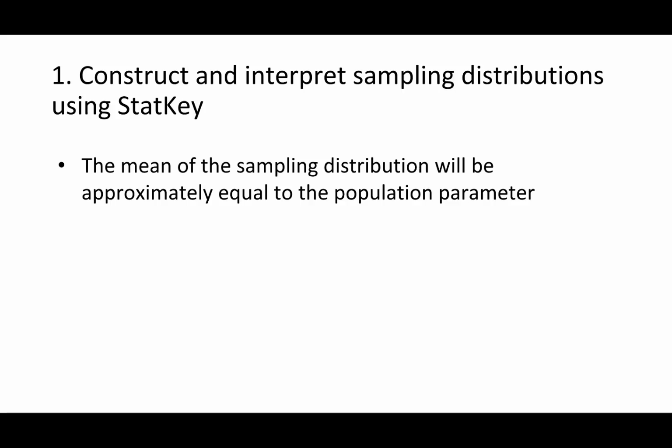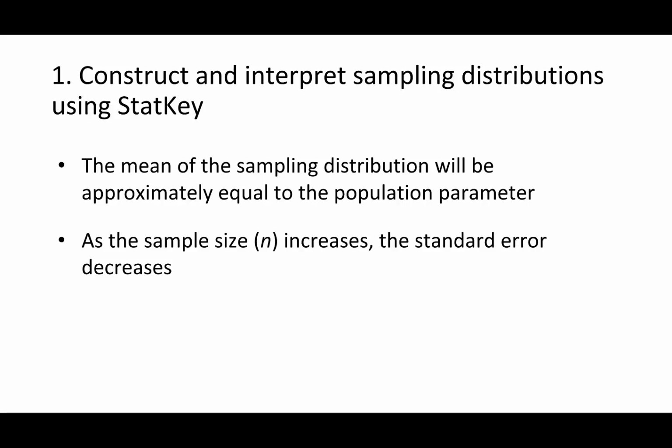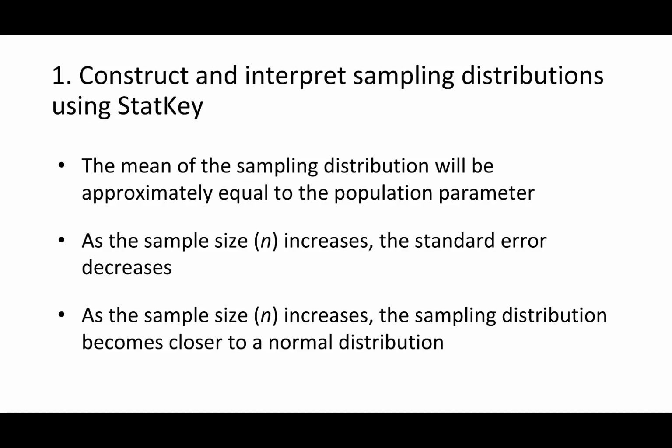When we're constructing a sampling distribution with a known population, the mean of that sampling distribution will be approximately equal to the population parameter. We'll see this more in a later learning objective, but as the sample size n increases, the standard error decreases. And also, as the sample size n increases, the sampling distribution becomes closer to a normal distribution.